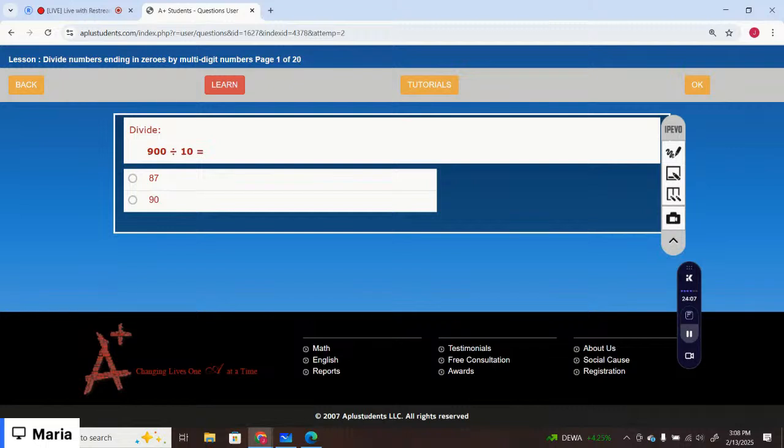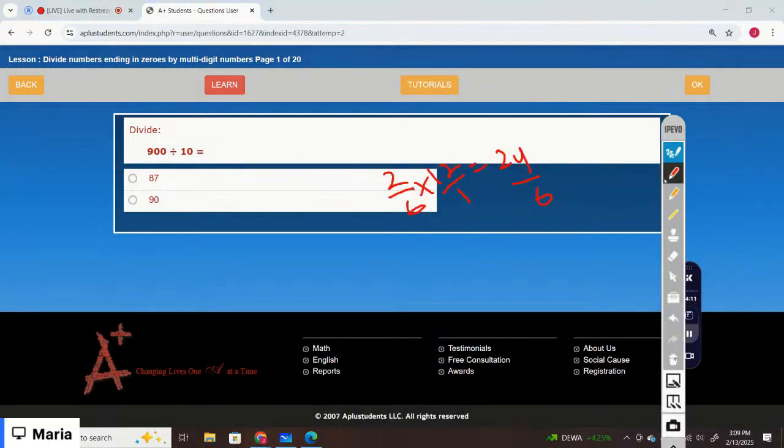Just divide the non-zero values. That is 9 divided by 1, 9 divided by 1 is 9. So 900 have 2 zeros and 100 have 2 zeros. So 1 zero and 1 zero cancel out. You are left with only 1 zero, so you need to add. That makes 90. 900 divided by 100 is 90.